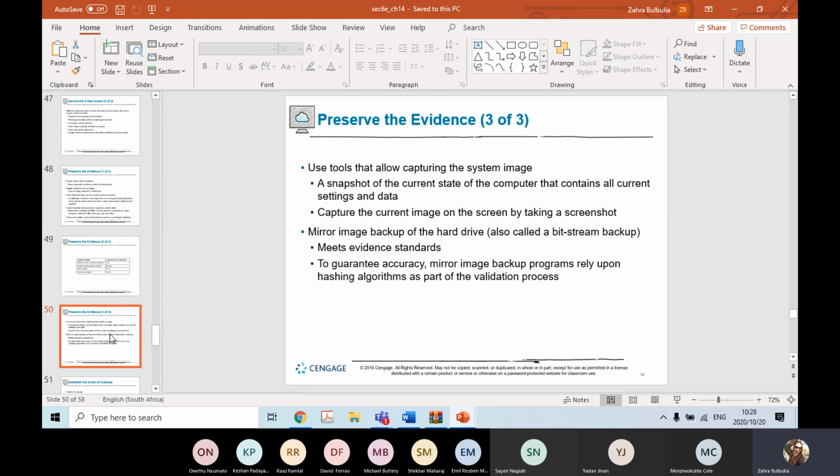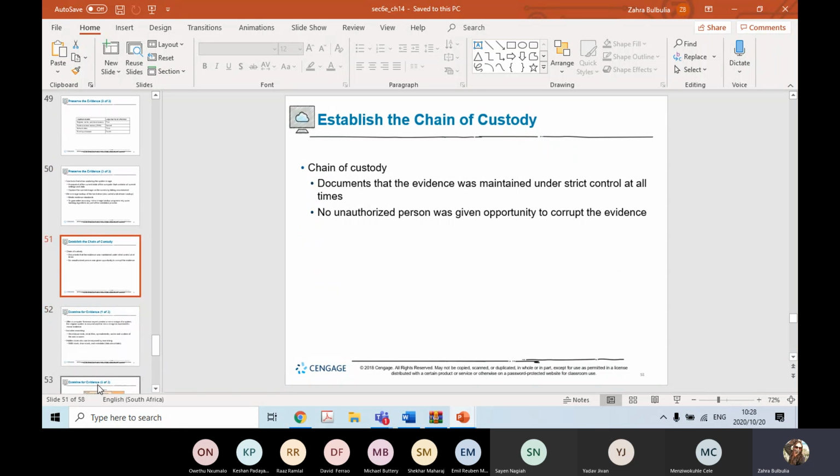Use tools that allow capturing a system image, a snapshot of the current state of the computer that contains all the settings and data, and capture the image on the screen by taking a screenshot. So all of this is evidence, or how to gather your evidence.